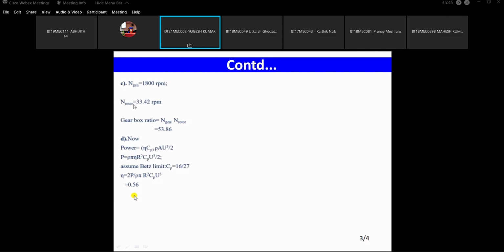So gear ratio is 53.86, by dividing 1800 by 33.42. Write down all these formulas in your notebook.